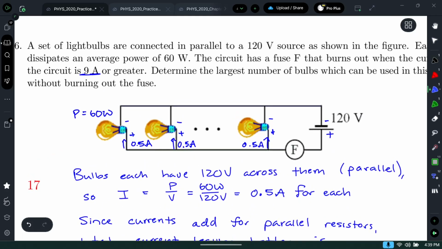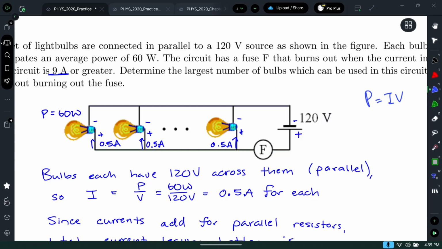So think of each bulb as a resistor, and we can figure out the current driven through them. And since they give us the power of 60 watts, and we know that there's 120 volts across every single one of these because they're in parallel, that tells me that there must be a half amp going through each, because power is IV, and they told us power is 60 watts.